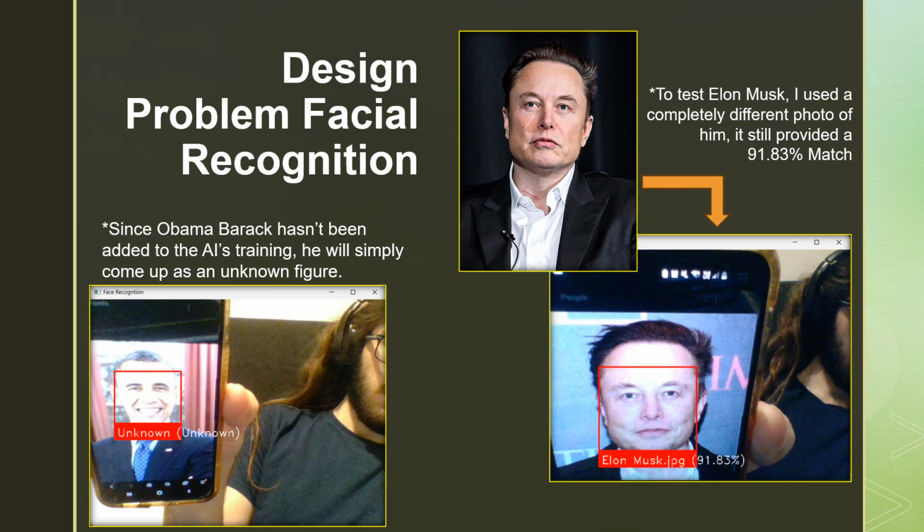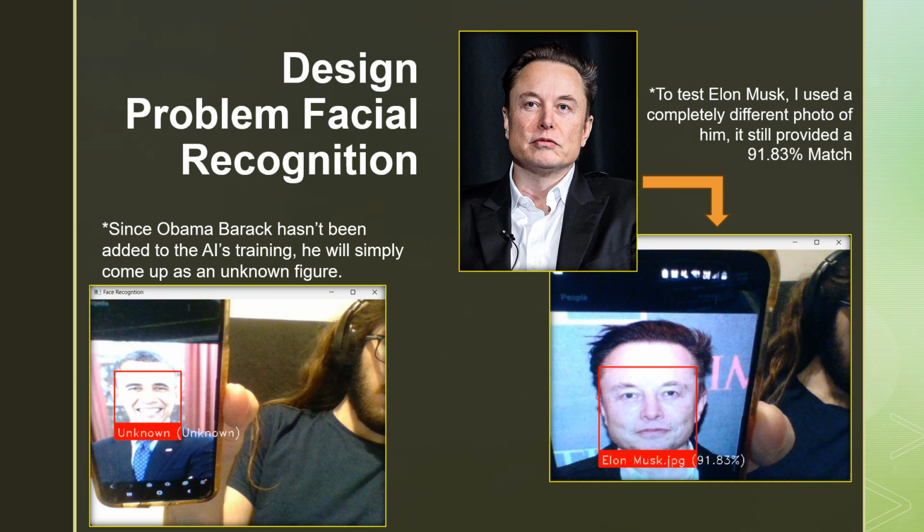Here I've got another example. I had to do the comparison on my phone because I didn't have a projector or anything like that, so that's the best I could do there. The Elon Musk picture at the very top is the one I've got in the database folder.